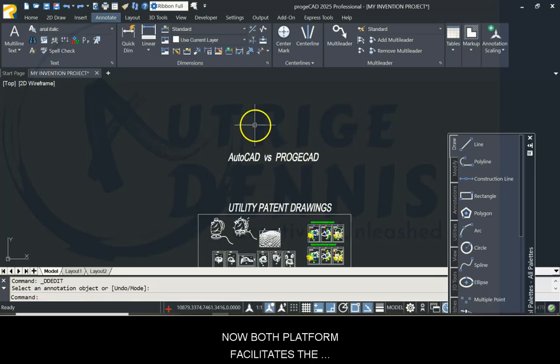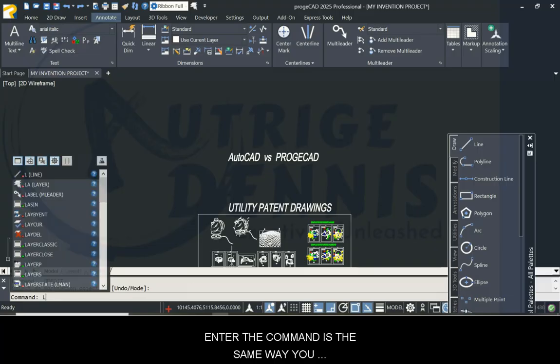Both platforms facilitate command line drafting, where you draft by entering a command. The same way you enter a command is the same way you enter it in AutoCAD.